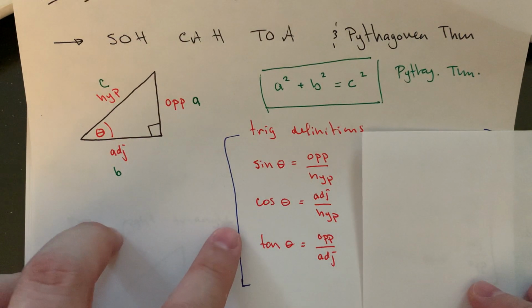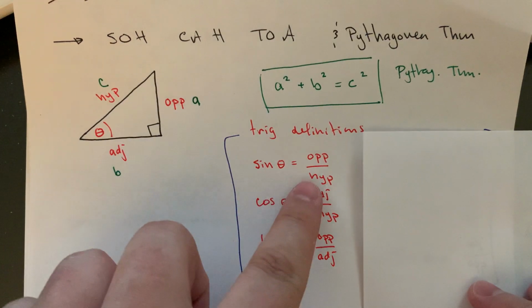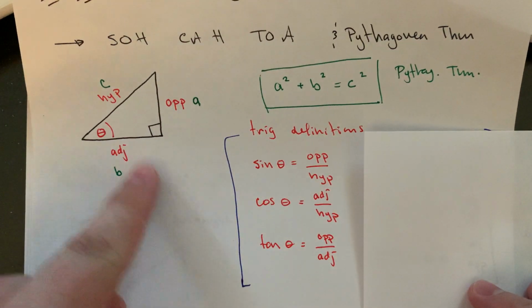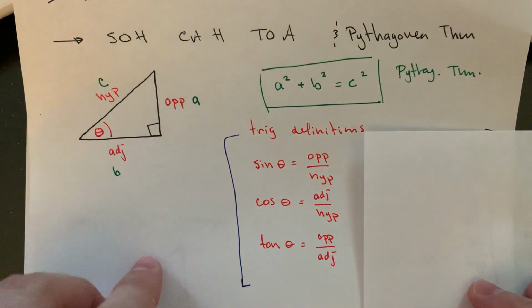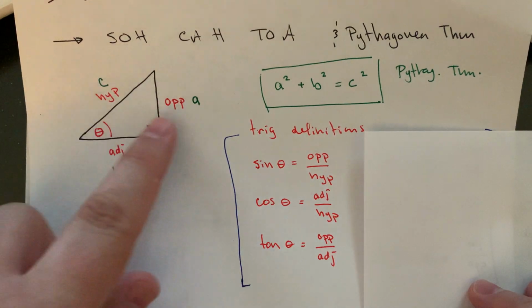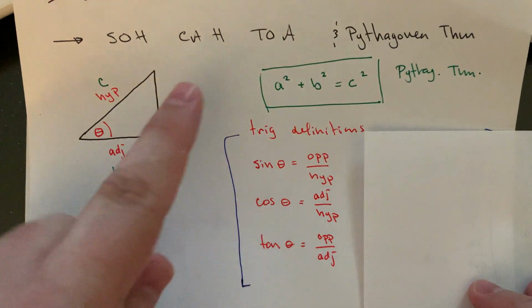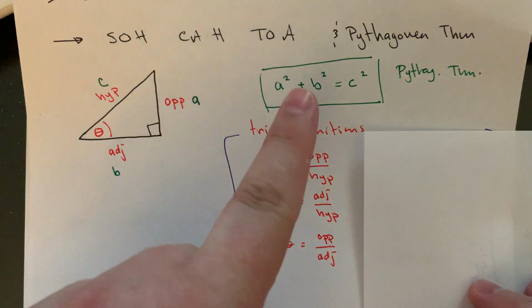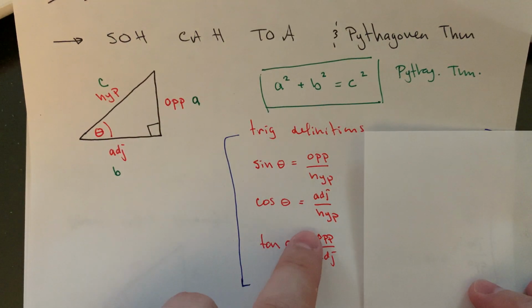Cosine, CAH, is the adjacent over the hypotenuse. And the tangent function, TOA, is the opposite over the adjacent.